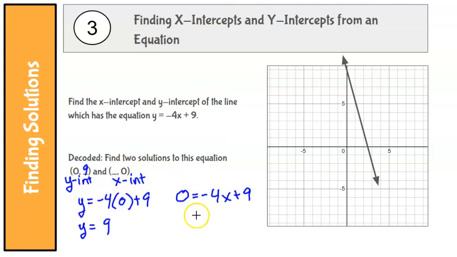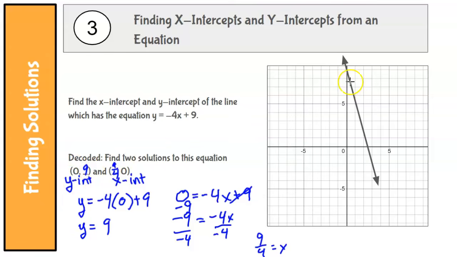And we're going to have to subtract 9 over to the other side. Move it over to the other side and get negative 9. And then we're going to divide by negative 4. Two negatives are going to cancel out. So we're going to have 9/4 is my x-intercept.